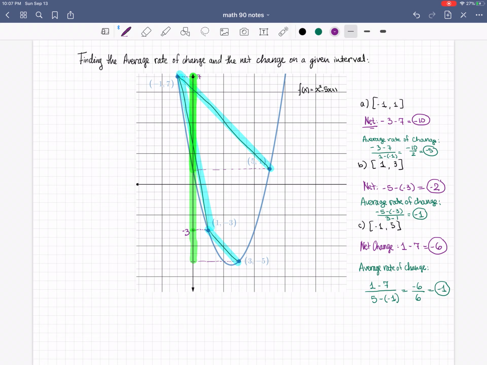So this was an example focusing on declines. So I specifically picked intervals where you would have a negative change.